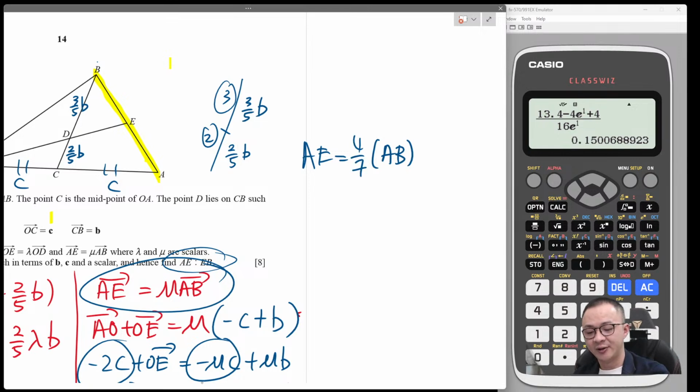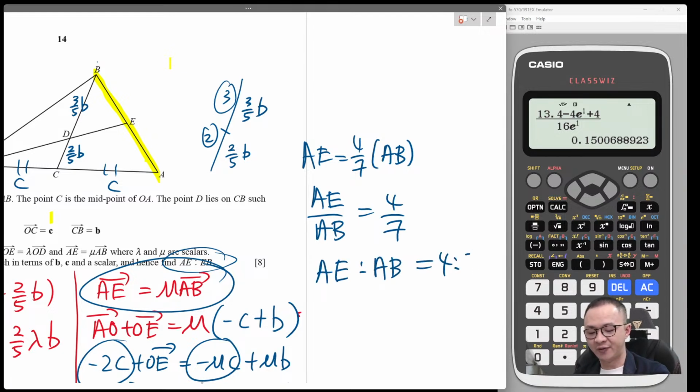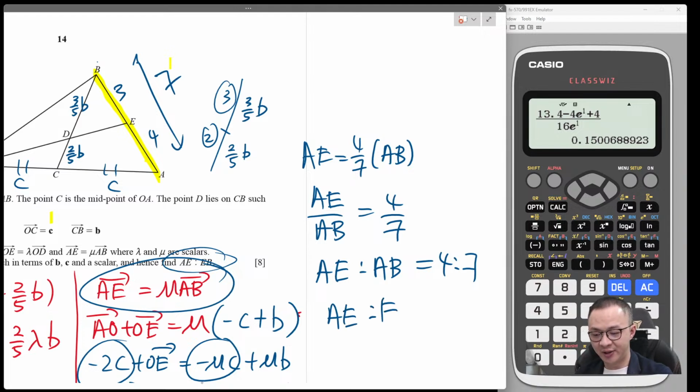I will insert. So AE over AB is 4 over 7. So AE ratio AB is 4 ratio 7. So this is 4 for AE, the whole thing is ratio 7, this is ratio 3, right? So therefore, AE ratio EB is 4 ratio 3. Done.